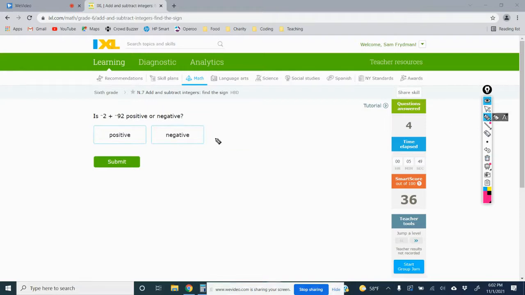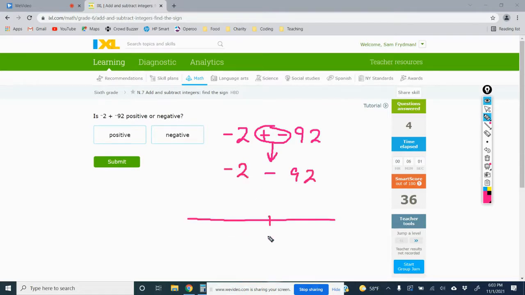Yeah, we'll do this one. Negative 2 plus negative 92. So adding a negative is like subtracting a positive. So this means that we're starting at negative 2. Let's say that's here. And then we're moving to the left 92 spaces.